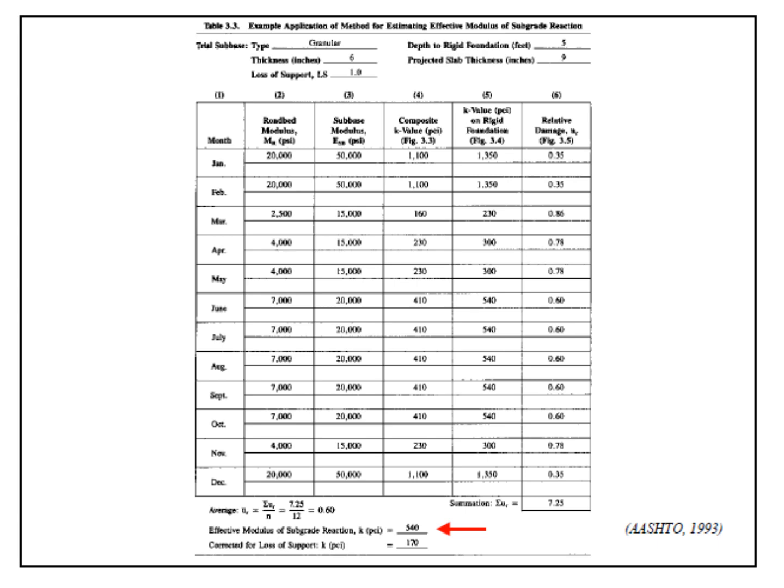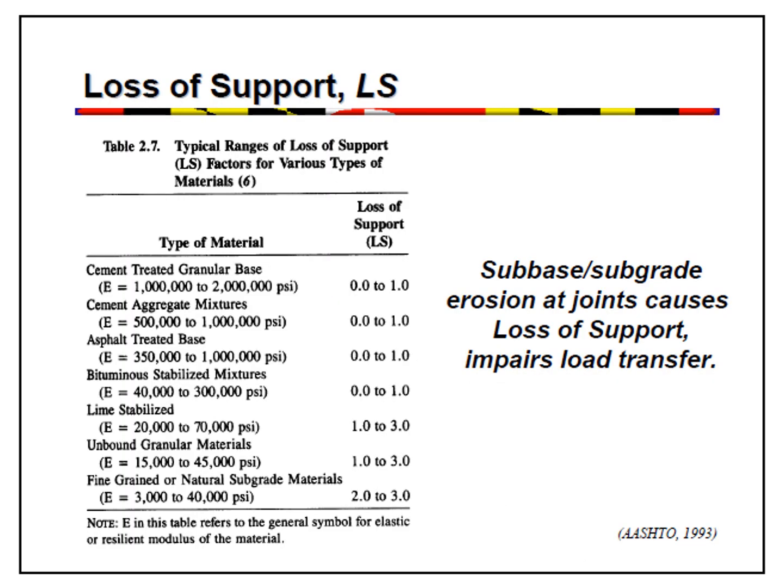The next thing is the correction for loss of support. To understand that, we will have to switch over to the next slide. On this particular slide you can see that the types of material are mentioned and the loss of support LS ranges are mentioned.